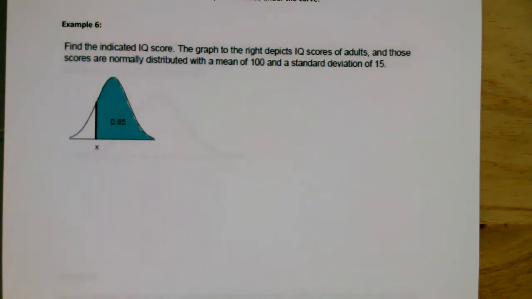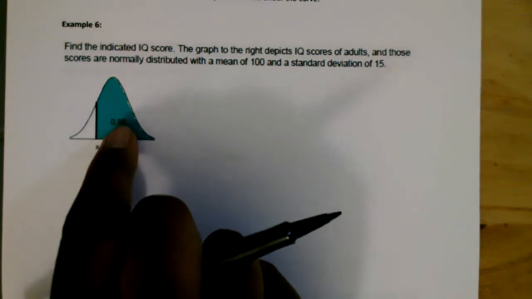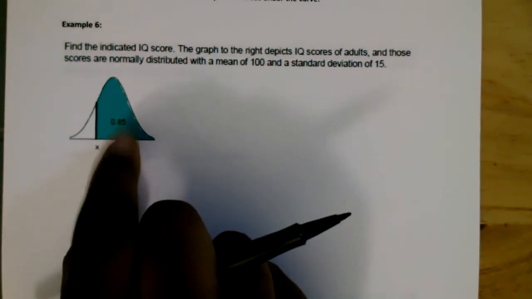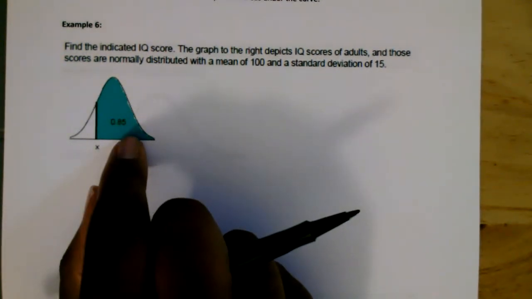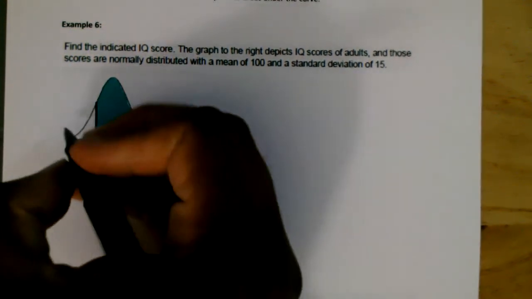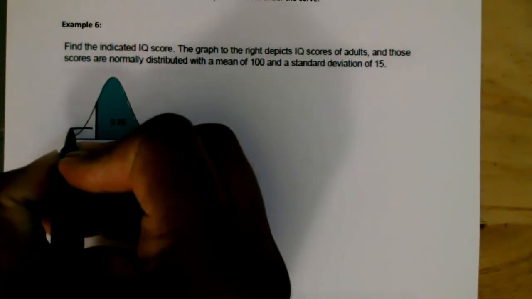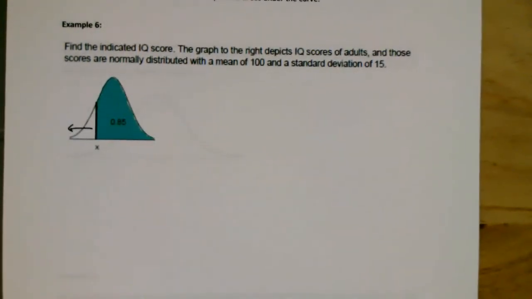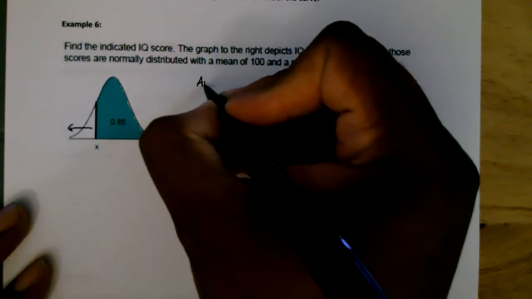Now notice, you're given an area to the right. That's the shaded area, which is of course 0.85. If we're going to use table A-2, we need to know this unshaded area on the left because it calls for the cumulative area to the left. So now, let's find the area to the left.